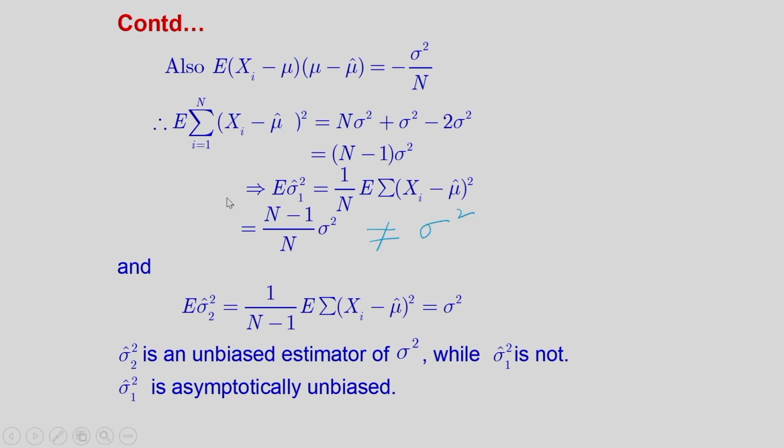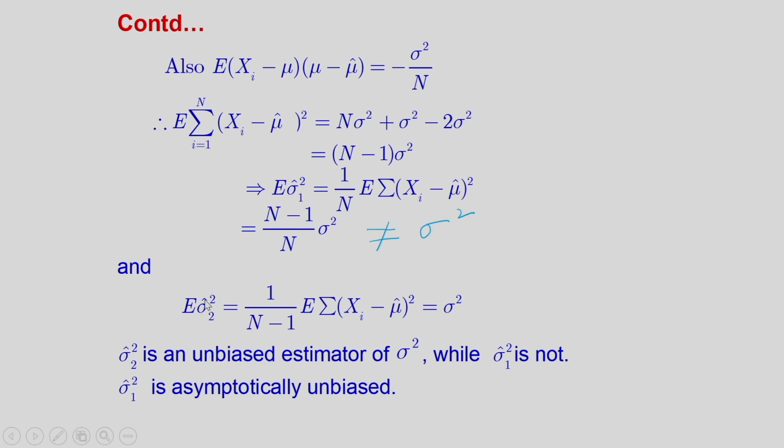If I consider E of sigma 1 hat square, that is not equal to sigma square, therefore it is not an unbiased estimator. But if we consider sigma 2 hat square, which is 1 by (n minus 1) into summation of (xi minus mu hat) whole square, its expectation is equal to sigma square.